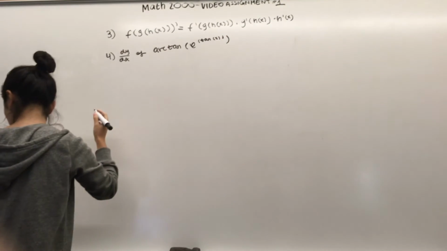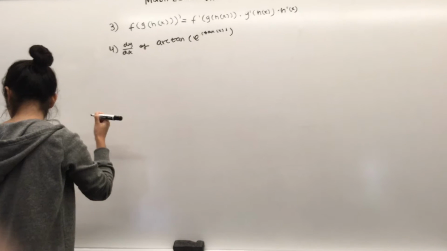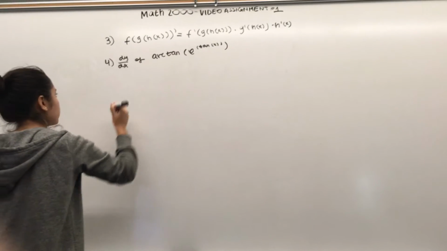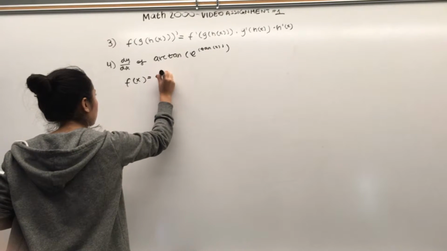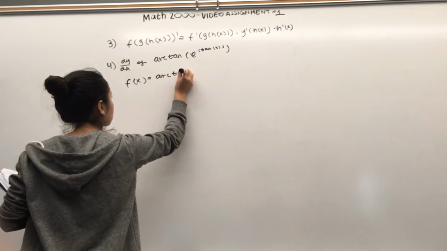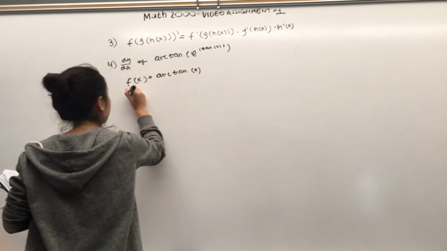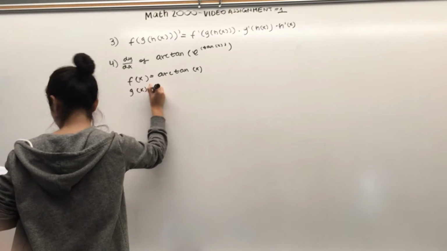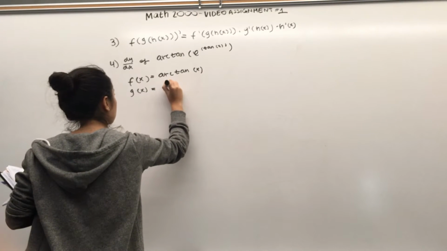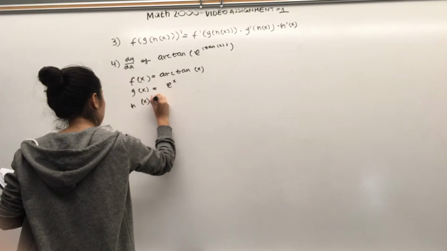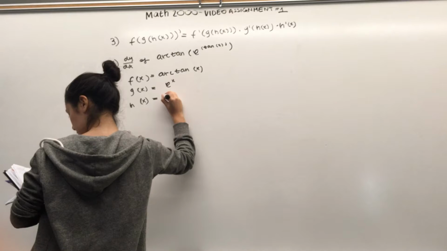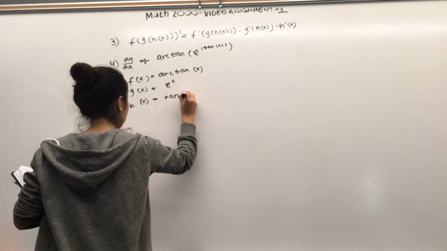So we remember that f of x equals arctan of x, then g of x equals e to the x, and h of x equals tan of x.